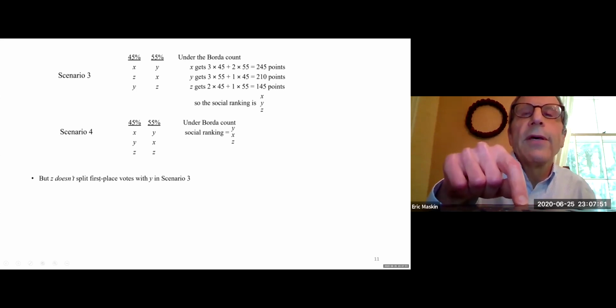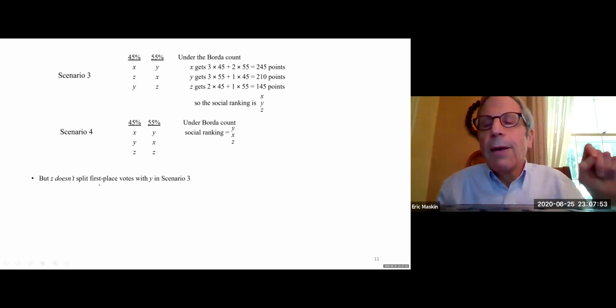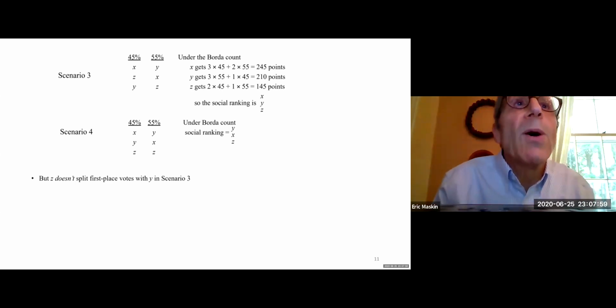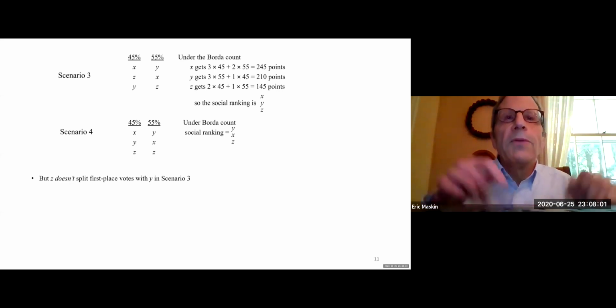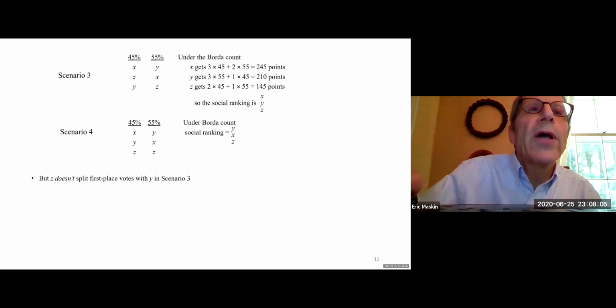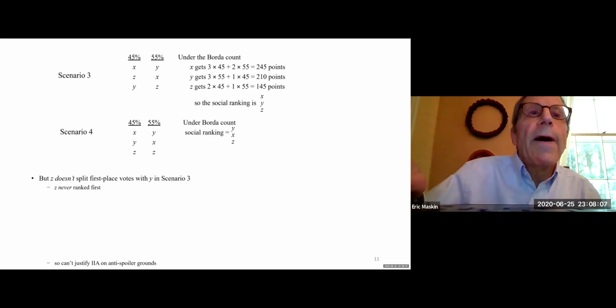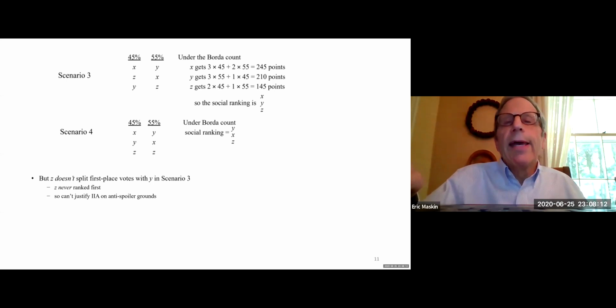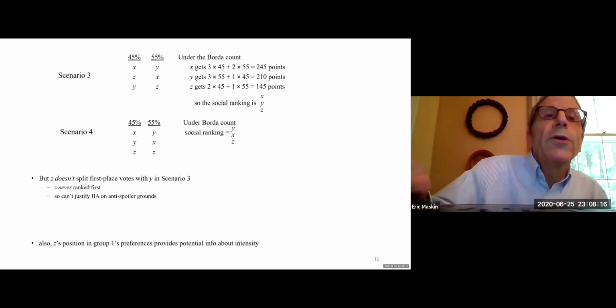And so the strong argument we were making against Rubio in scenario 1 doesn't apply to scenario 3. So we can't justify Arrow's IIA on anti-spoiler grounds.